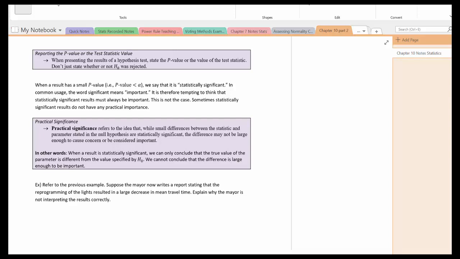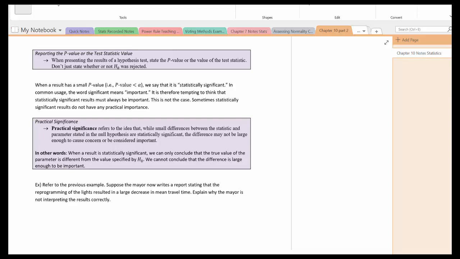We cannot conclude that the difference is large enough to be important or for us to care. So refer to the previous example. Suppose the mayor now writes a report stating that the reprogramming of lights resulted in a large decrease in mean travel time. Explain why the mayor is not interpreting the results correctly.